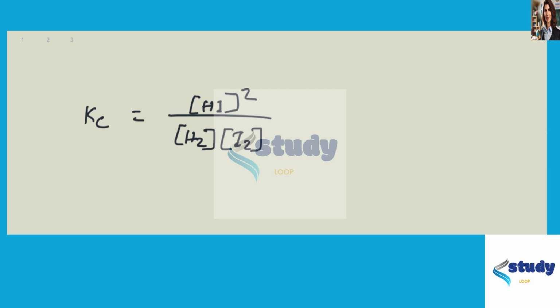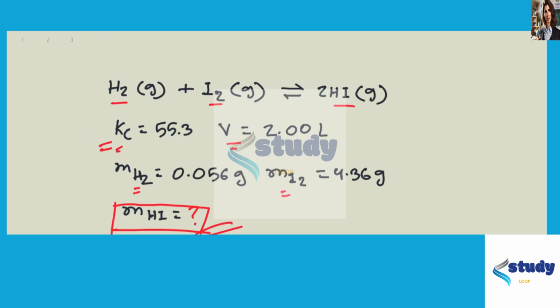Now here we know the value of Kc, and we can find out the concentrations of H2 and I2 from their masses, and from all these values we can find the concentration of HI, and from the concentration of HI we can find out the mass of HI.